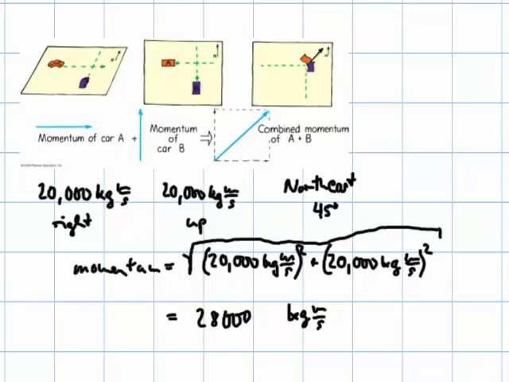And now the wreck, the two cars stuck together, has a mass of 1,000 kilograms. So as we divide this one here by 1,000 kilograms, we come up with a speed of 28 meters per second. So faster than either one of the two before, but that's because they combined their momenta.